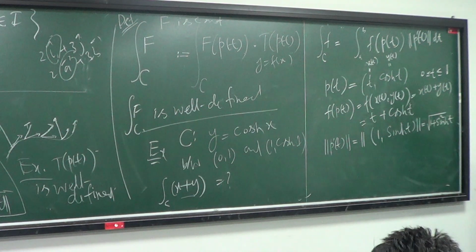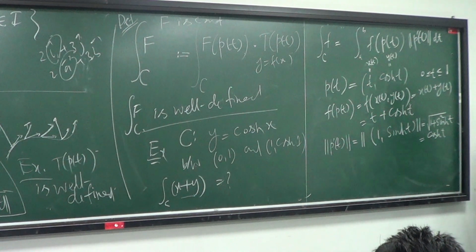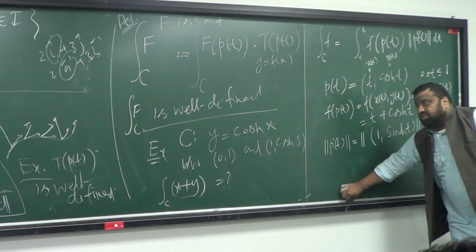Okay, so this will be the magnitude of it. So it's 1 plus, yes. So this will be equal to cos hyperbolic t. Cos hyperbolic square minus sine hyperbolic square, this is true. So cos square minus sine square is 1. Okay? You have it?